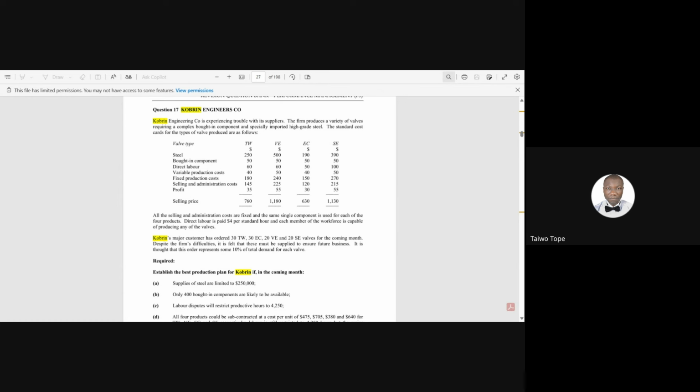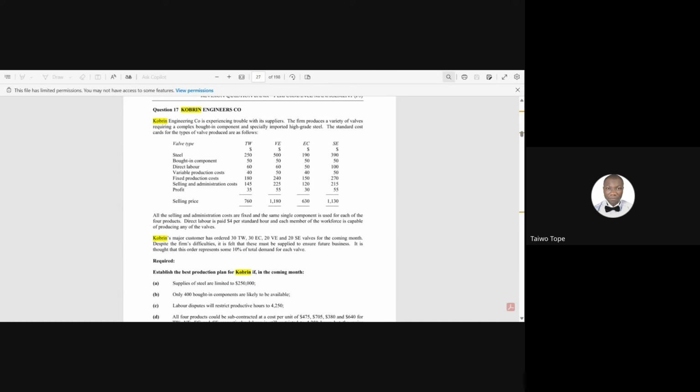The cost of 1 unit is 50. 50 times 1 is 50. The cost of 1 unit for VE is 50. 50 times 1, 50. Do you get that?